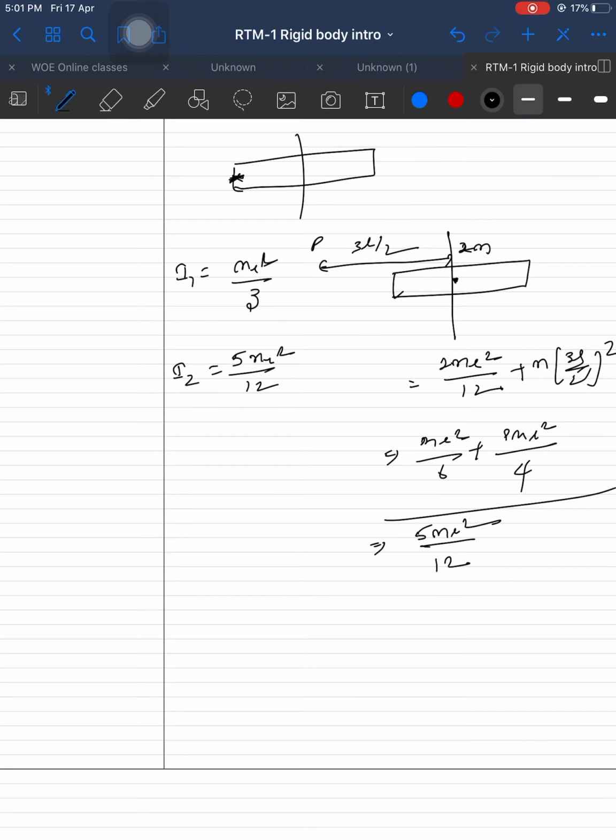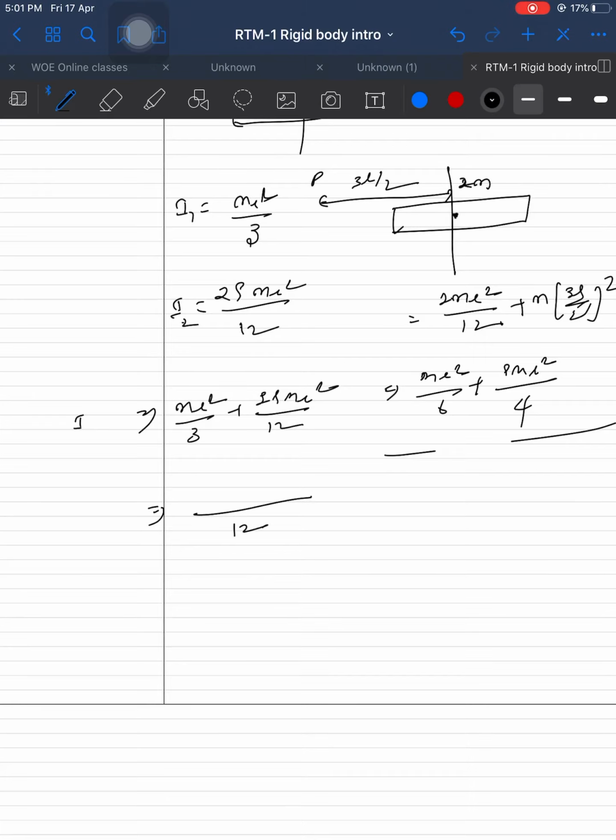So total moment of inertia I is equal to I1 plus I2, ml square by 3 plus 29 ml square by 12. If you again do LCM, it will be 12, 4 plus 29 ml square, so it is equal to 33 ml square by 12.